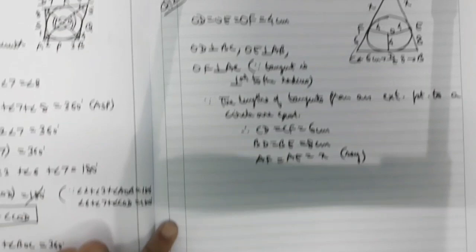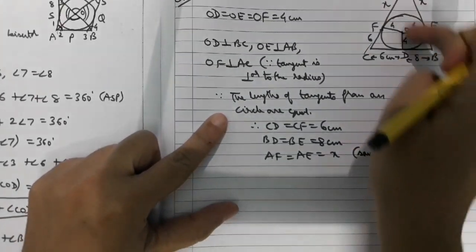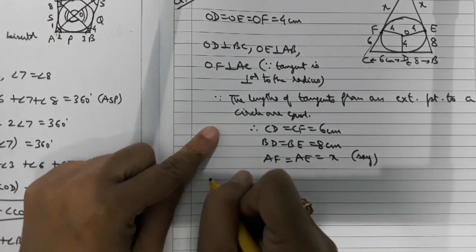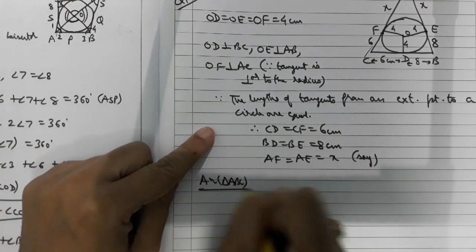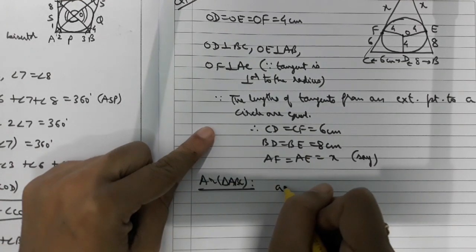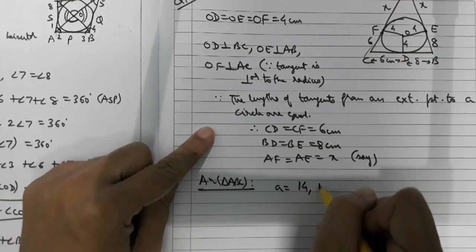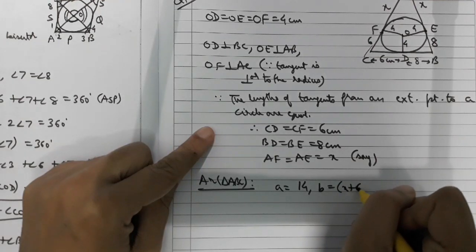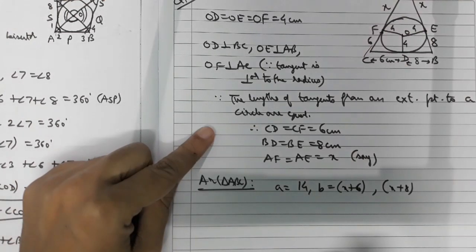So over here the 3 sides of the triangle are given to us, so we can find out its area by Heron's formula. So we find out the area of triangle ABC. Over here one of the sides is 6 plus 8, that is 14. The other side is X plus 6 and the third side is X plus 8. These are the 3 sides of the triangle.